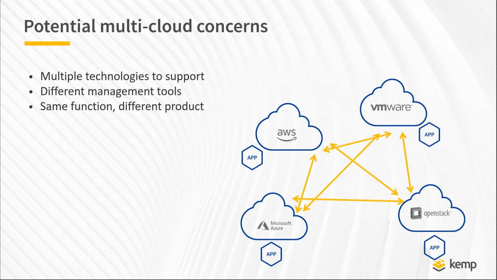And to throw on that complexity, same function, different product. Let's talk about load balancing because we're going to be talking about it in a second. Load balancing is available in, for example, public clouds like AWS and Microsoft Azure. AWS has ELB, Elastic Load Balancing.